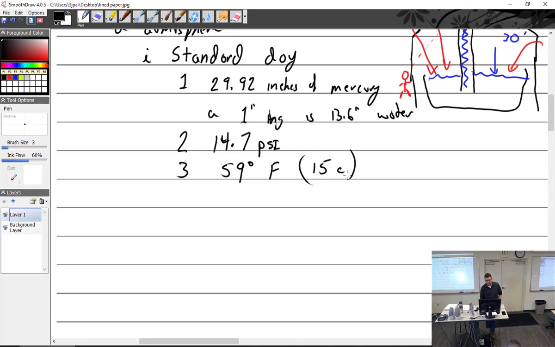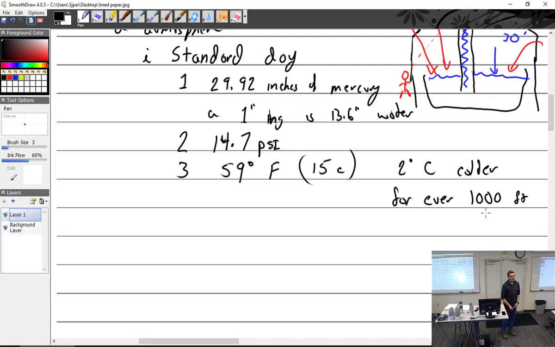Because you have a lapse rate in aviation where it gets 2 degrees Celsius colder for every 1,000 feet. So on a standard day, it's 15 degrees right here, right now.